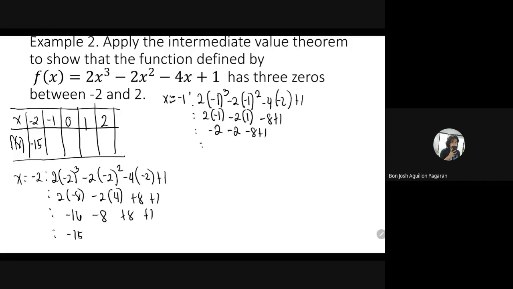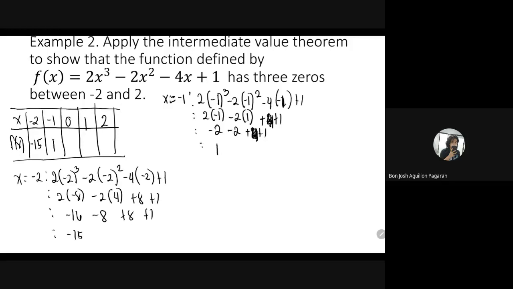Parang may mali. Tama ba? This is plus. So, 9 minus 4, tama ba? 2 minus 2. May mali. Yeah, oo, negative 1 pala ito. This will be positive 4 lang pala. Kung positive 4 lang to, so ang sagot lang dyan ay 1.